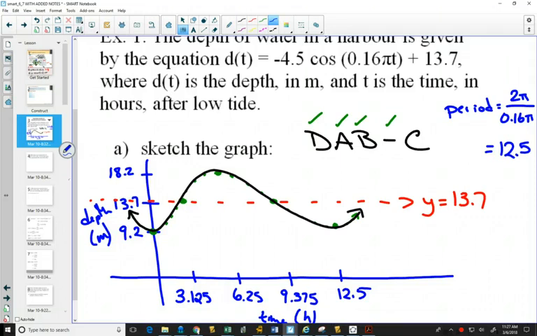If it needs a depth of 14.5, 14.5 would be about here. And I'll draw the water level at 14.5 like this. Can you see it's only in this section here that the water's deep enough?